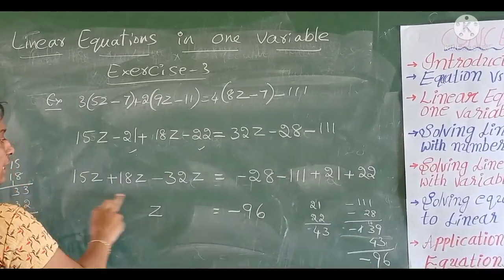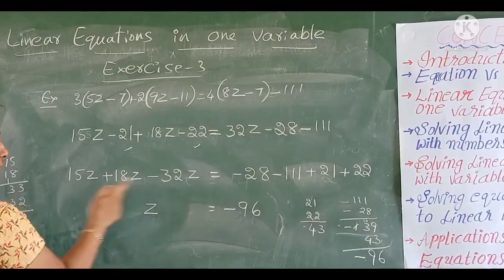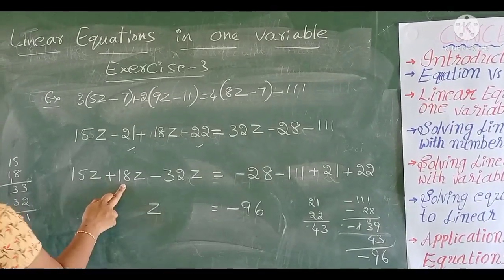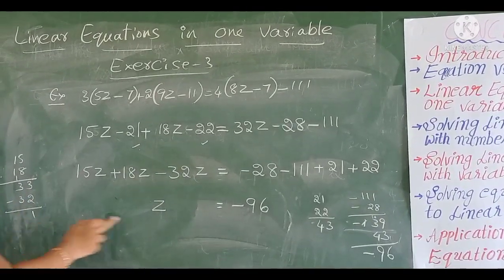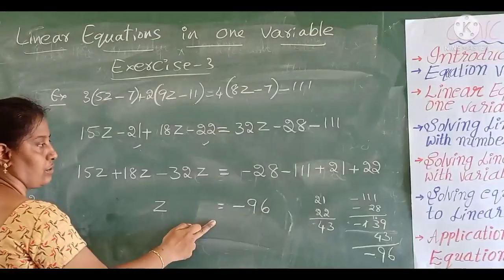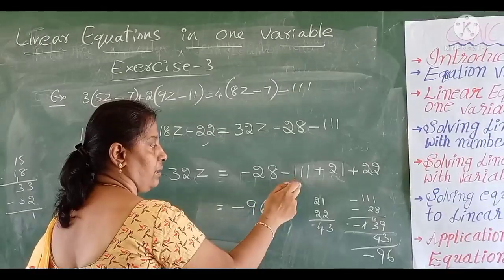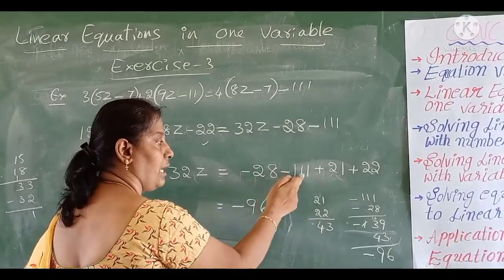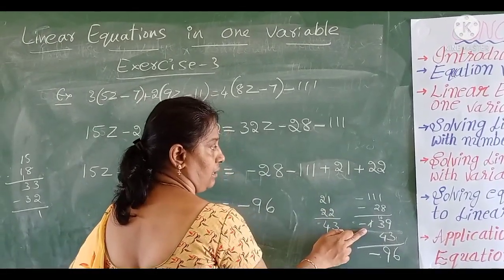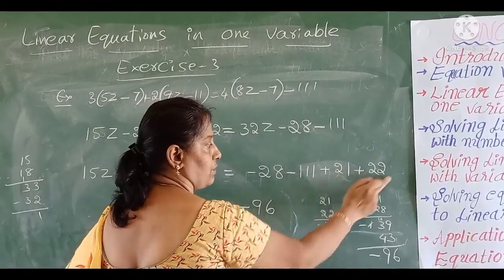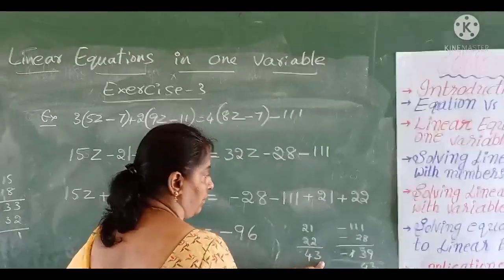To solve the variables, we have to do addition and subtraction. 15 and 18 is 33. The remaining 32 gives 1, so we can't write 1z, so z is equal to. The negative numbers are minus 28 and minus 111. Both have the same symbol, so we have to add, and we get 139. 21 plus 22 are positive numbers, so we add them and 43 came.